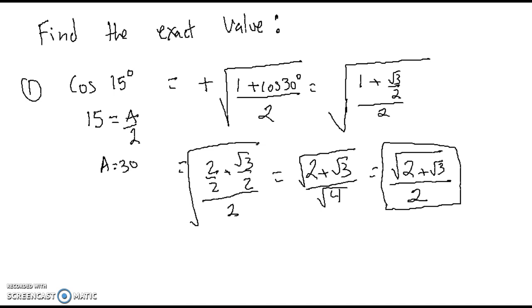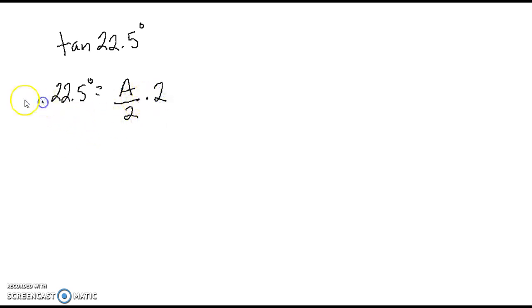So let's try another one. Let's try tangent. So tangent of 22.5 degrees. That is definitely a number I don't know. So again, I know that 22.5 degrees is equal to a over 2. So if I multiply both sides by 2, I am going to get my a value as 45.